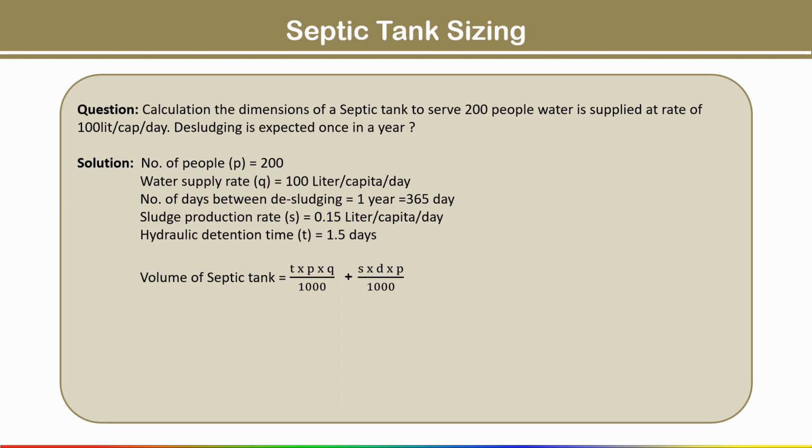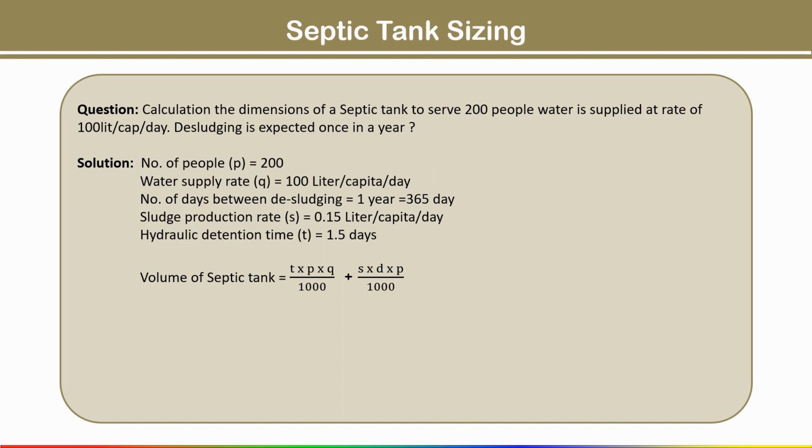So the volume of sediment is given here: T into P into Q, meaning detention time multiplied by population served, number of people, multiplied by water supply rate, divided by 1000, plus small s, the sludge production rate, into hydraulic detention time into population, number of people, divided by 1000. Okay, so this is our volume of sediment plus volume of sludge.